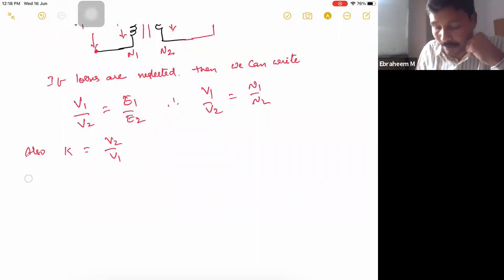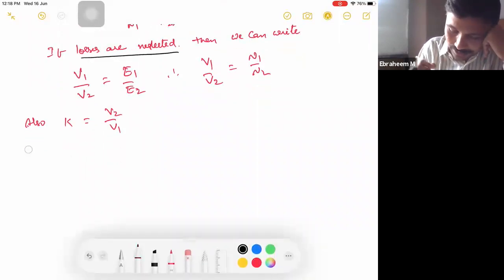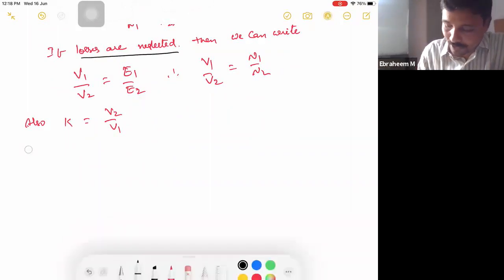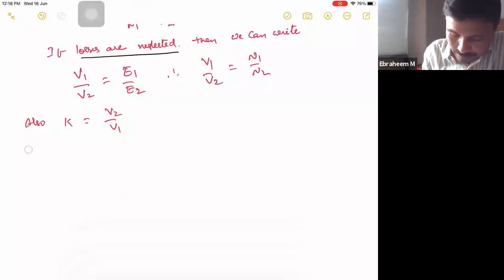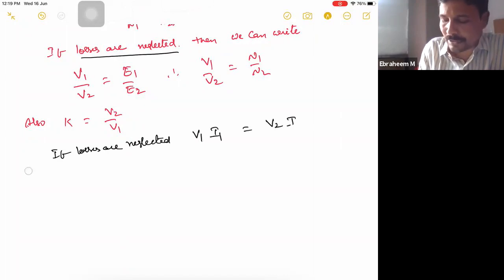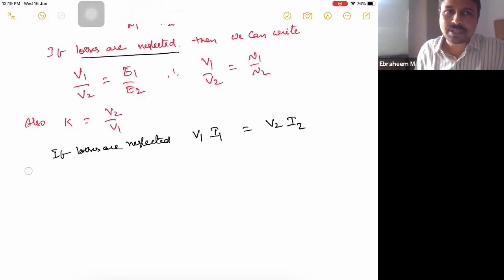Because losses are neglected, we can write one more point here. If losses are neglected, then the input power V1 I1 is equal to V2 I2 because there is no loss. Whatever input energy you feed to the transformer, the same energy it is going to deliver at the load.